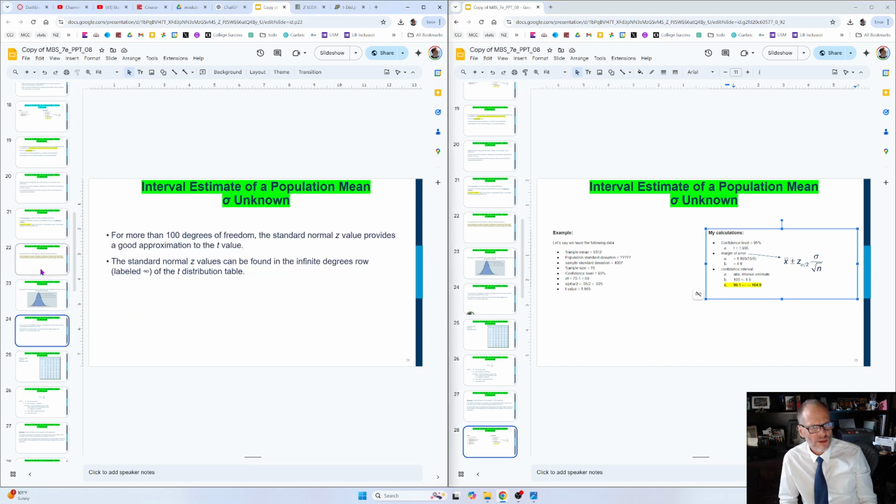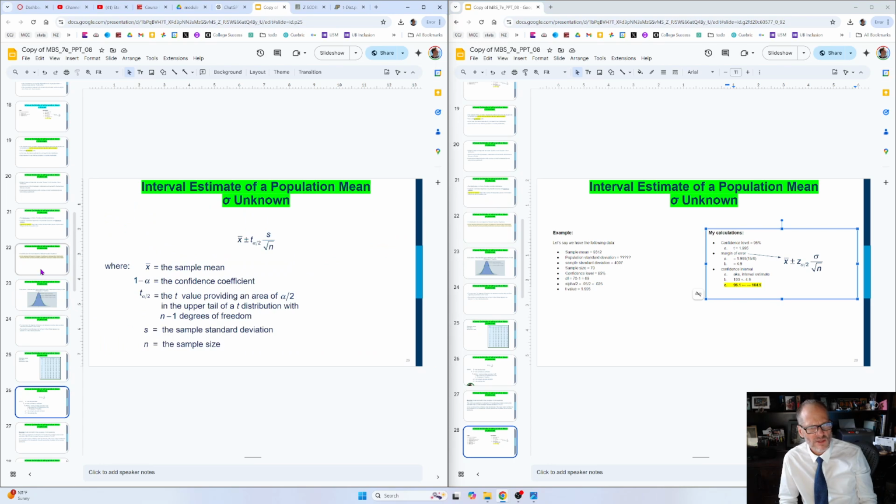There it is: t times my sample standard deviation divided by the square root of n. So my sample standard deviation is 4007 divided by the square root of 70.